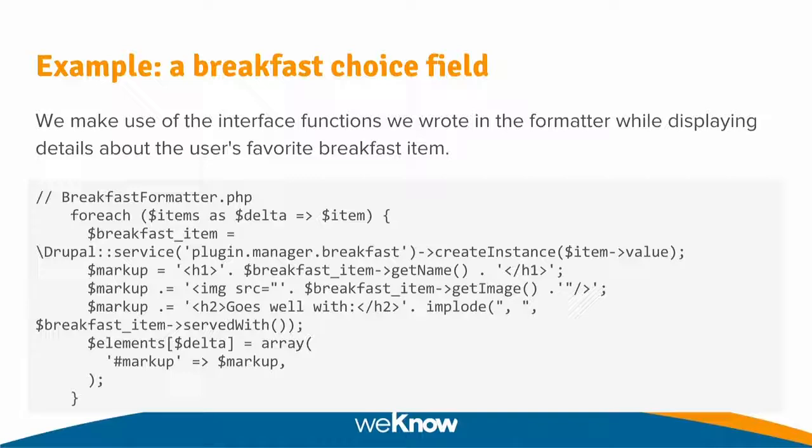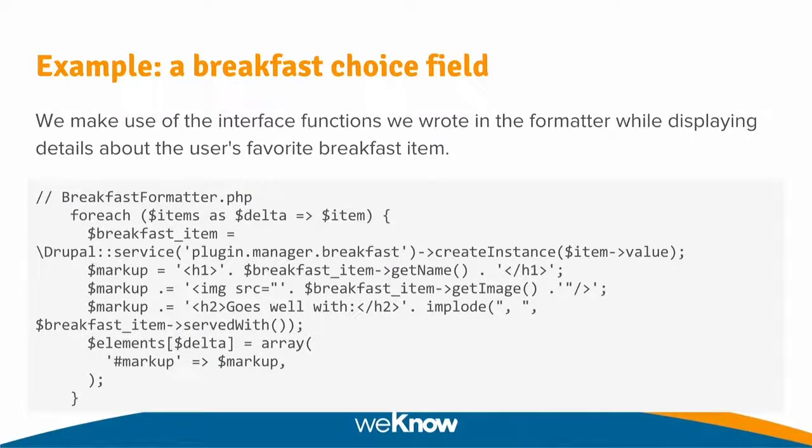For each one of our plugins, we get the breakfast item through the instance, and then we just start adding markup. This is a bad example, but this would be a theme function, whatever. This is just for demonstration purposes only. Concatenating strings is always bad. But we do have the breakfast item. It's a class, right? Because we have a plugin, it becomes a class. It has attributes.